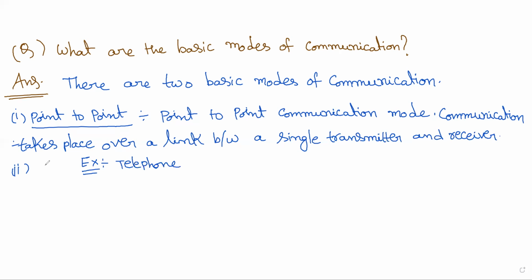So we speak to telephone. Nowadays we can speak with multiple people, but the normal telephone conversation is point to point. The next type of communication is called broadcast.